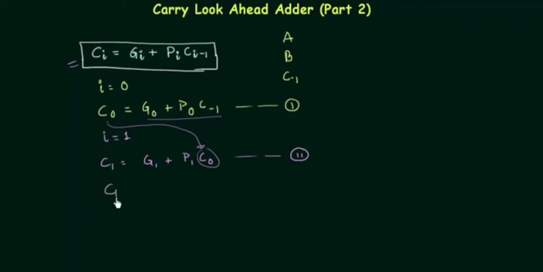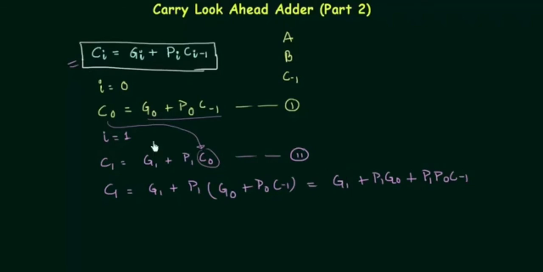So let's do it. C1 equal to G1 or P1. From the first equation we have C0 as G0 or P0 C minus 1. Once you open the bracket you have G1 or P1 G0 or P1 P0 C minus 1. Now you can see that C1 has only the carry C minus 1 on the right hand side.